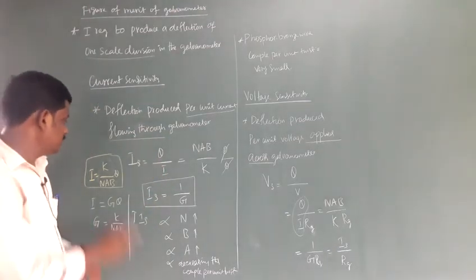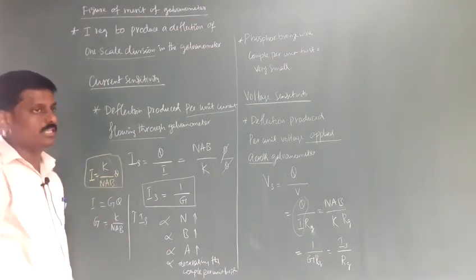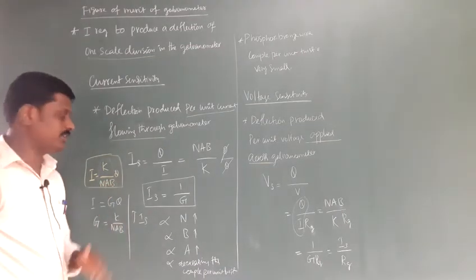We already know from the previous question that I is equal to K by NAB theta, so there is a deflection due to the current flow.